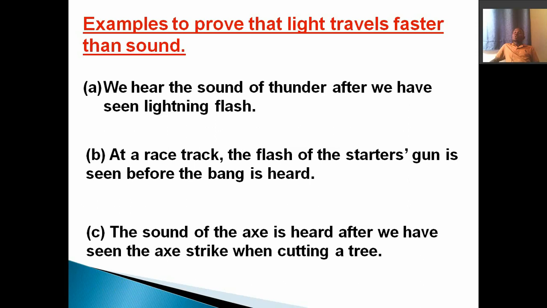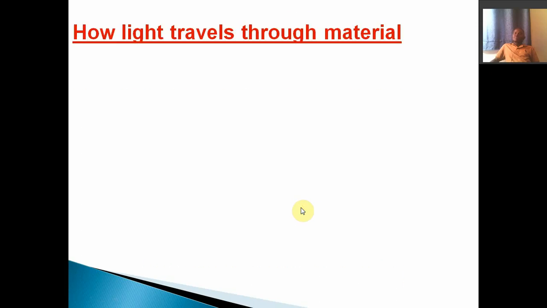But you will always see the axe striking, then after seeing the axe strike, you will hear the sound that is a result of hitting the tree. That also proves to us that light travels faster than sound.